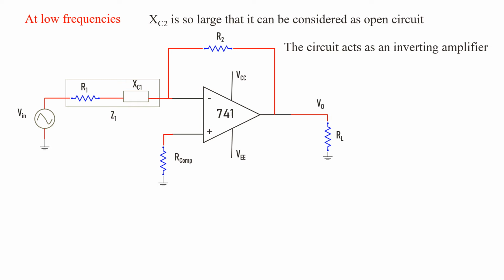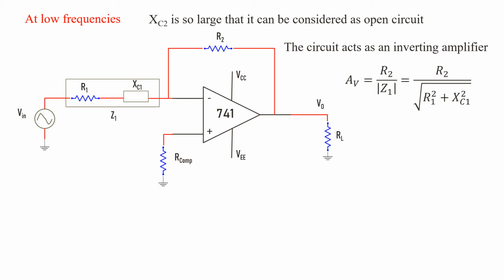Since it is an inverting amplifier, the gain AV is the feedback resistance R2 divided by the input impedance, which is R2 divided by square root of R1 square plus Xc1 square. This is at the low frequencies.